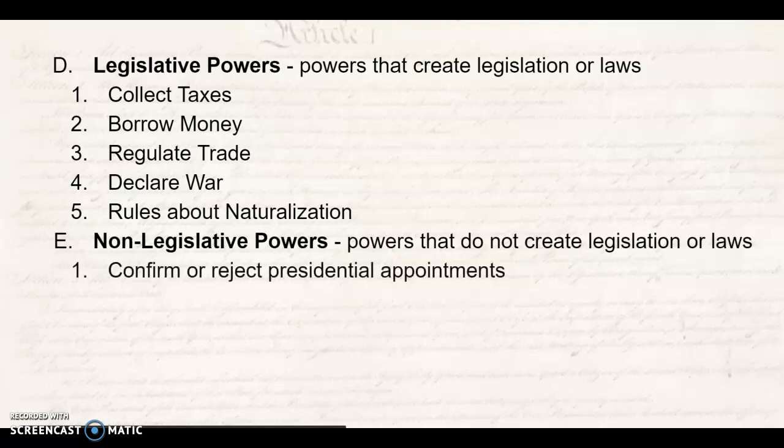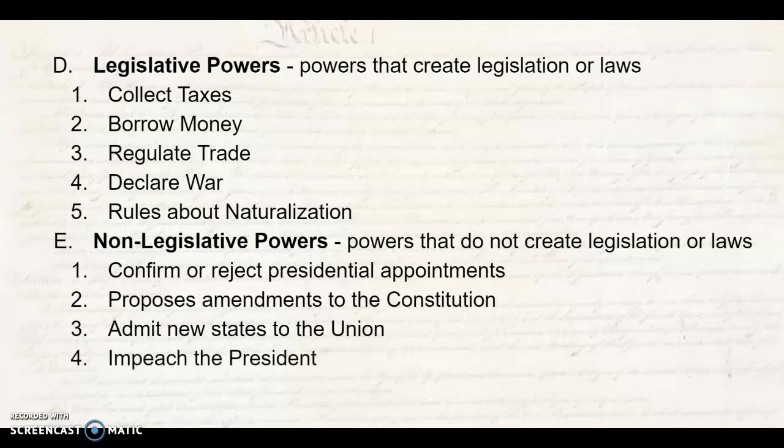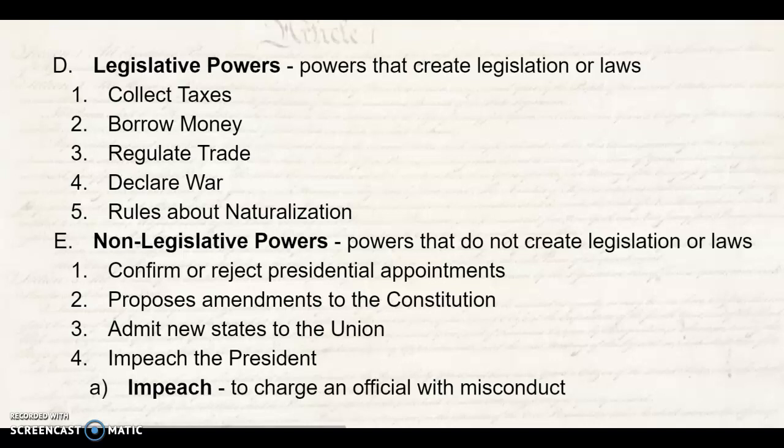Confirm or reject presidential appointments, propose amendments to the Constitution, admit new states to the Union, and impeach the president. And we all know now, after what we've been through the last couple months, to impeach means to charge an official with misconduct. Doesn't have to be the president.